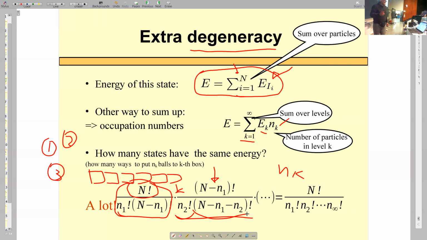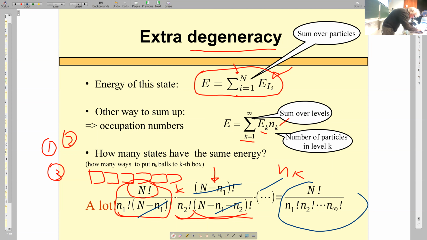Now, do these factors cancel each other? Look, the same would occur for the second and all other brackets. So it is collected to this number: the factorial of the full number of particles divided by the product of factorials of the number of particles in each box.